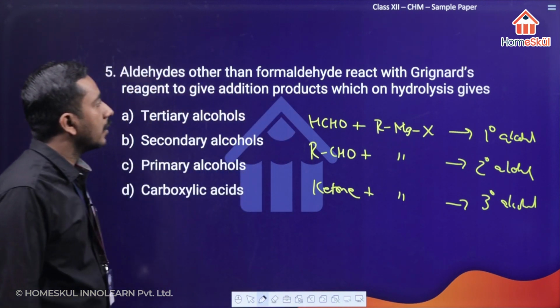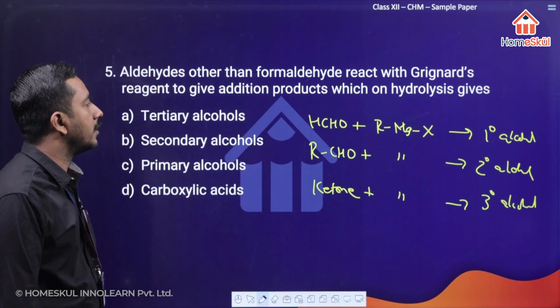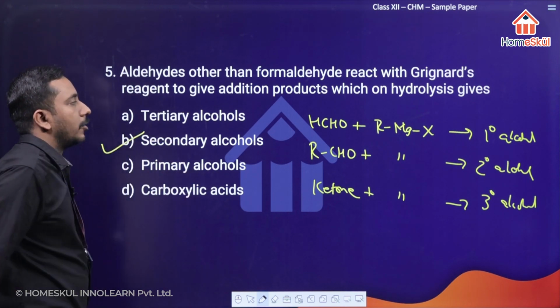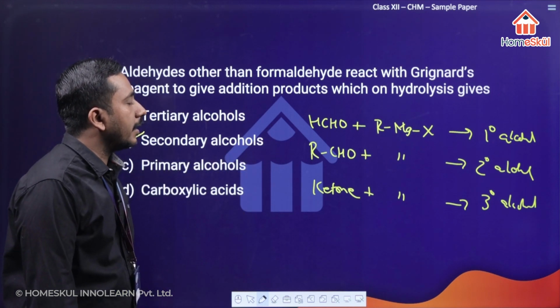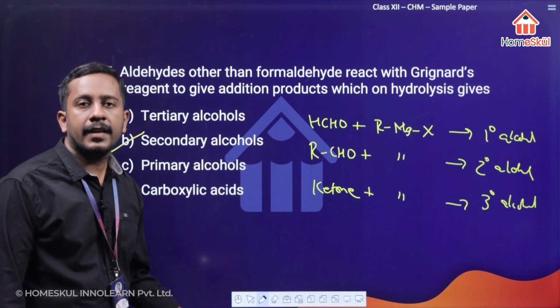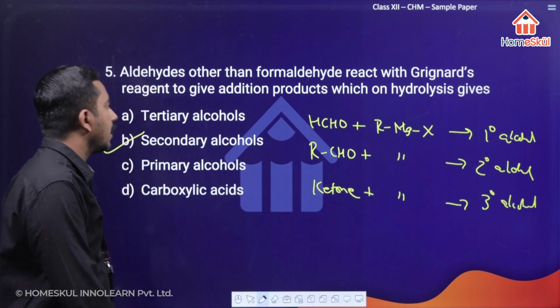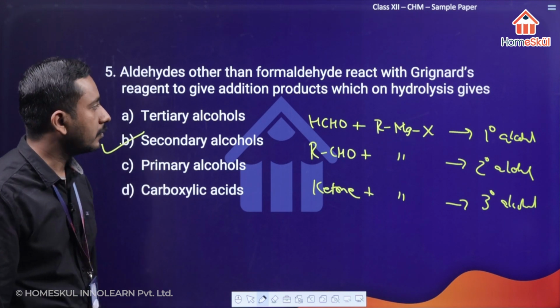So our question is, when all other aldehydes other than formaldehyde react with Grignard reagent, the product that we obtain will be secondary alcohol. So this is a very important reaction. We have to know the reaction of Grignard reagent with aldehydes and ketones and the corresponding products that we obtain. So in this case, the product that we obtain will be a secondary alcohol.